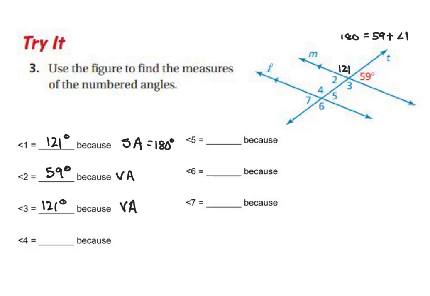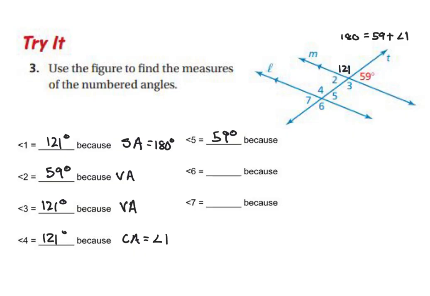Angle 4 will be 121 degrees because angle 4 is a corresponding angle with angle 1. Angle 5 is going to be 59 degrees because angle 5 is corresponding to this angle.